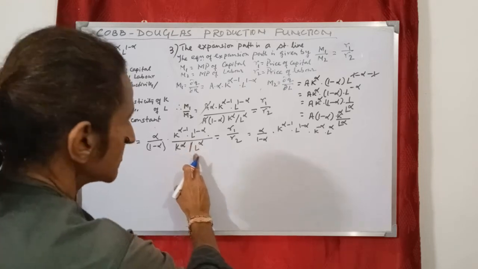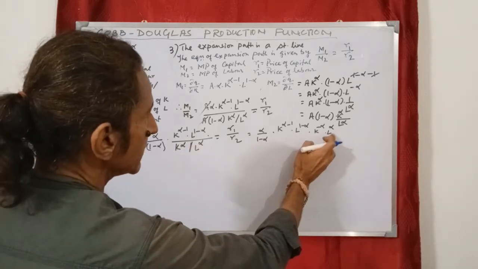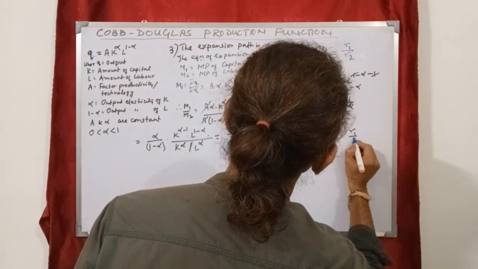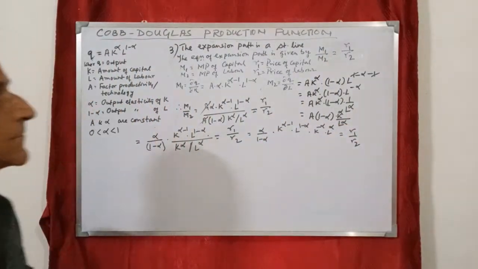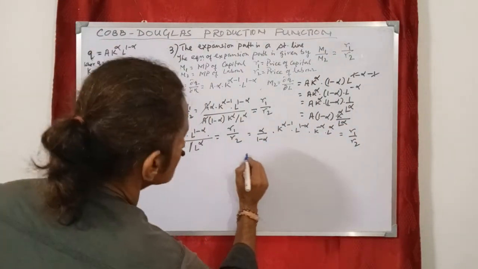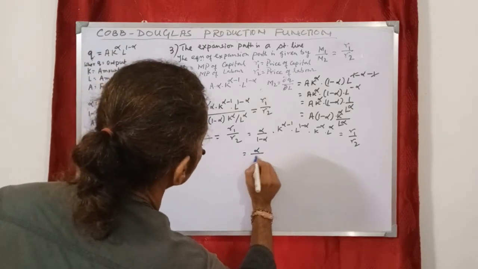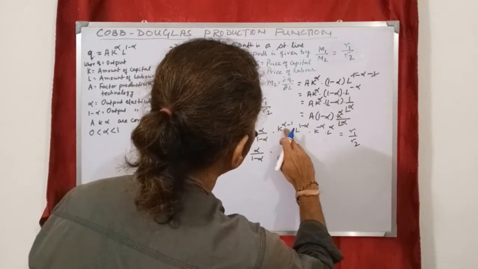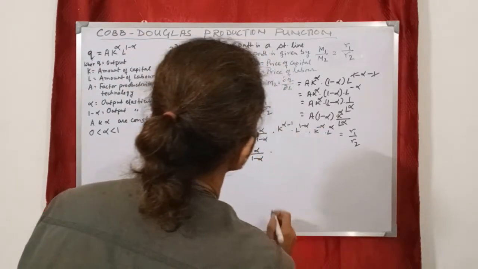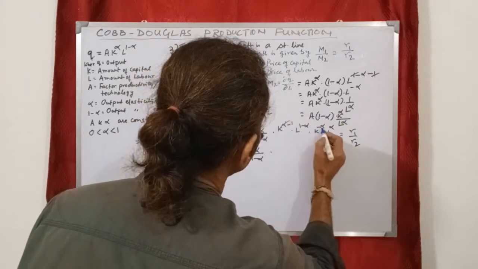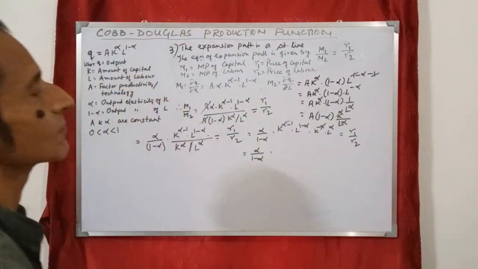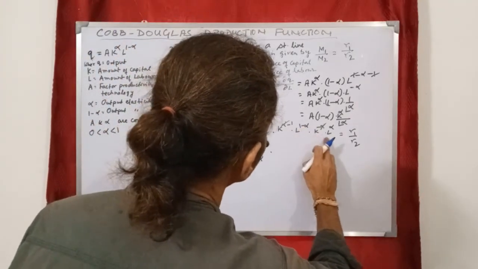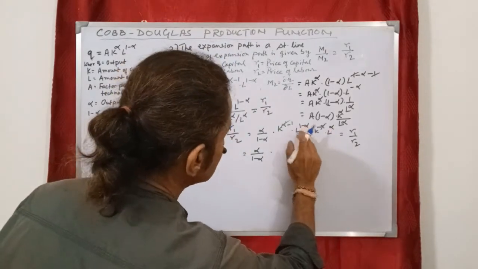So we have transferred it to the numerator, it becomes L to the power alpha, that is equal to R1 by R2. So this is equal to alpha by 1 minus alpha. Now k to the power alpha minus 1 minus alpha. So alpha plus alpha minus alpha cross out each other, and L to the power 1 minus alpha into L to the power alpha, again plus alpha minus alpha cross out each other.